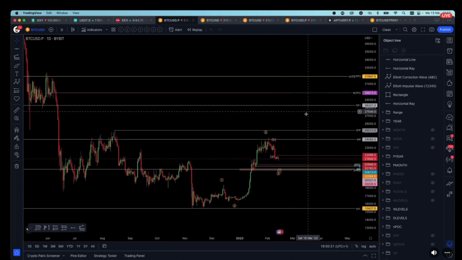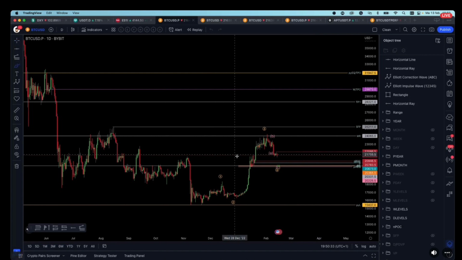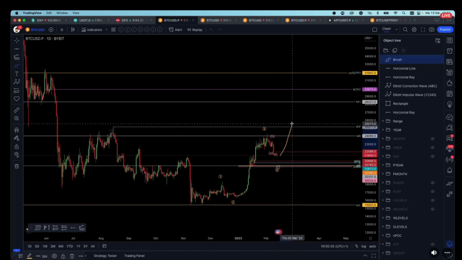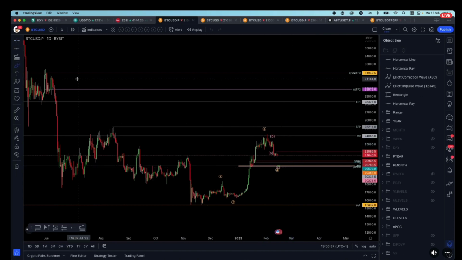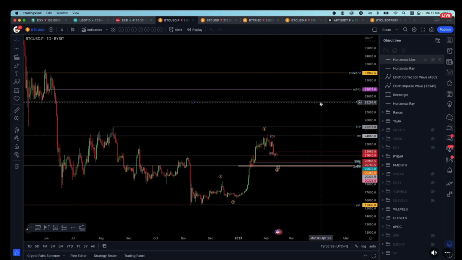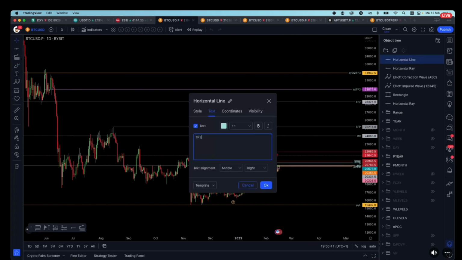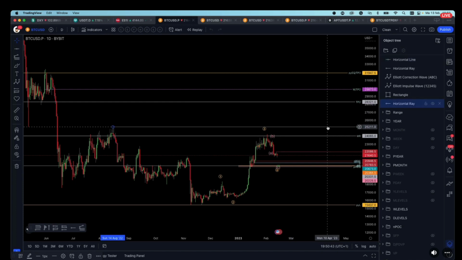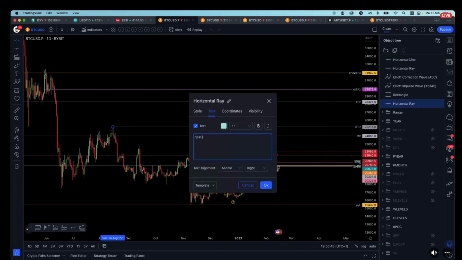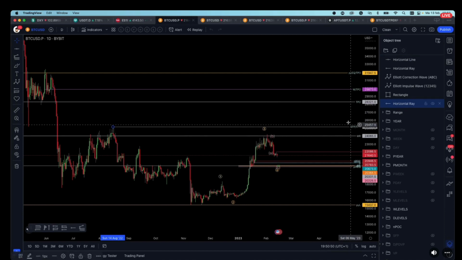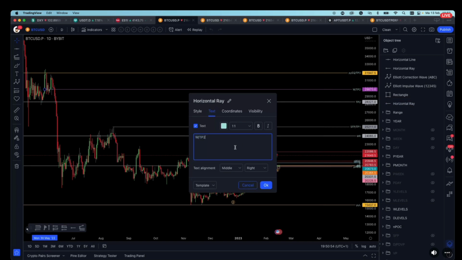I say TP1 here, but sometimes you have a smaller fifth wave, so I would actually say that this is target 2. This is TP1, so most profit I will take here already. TP3.